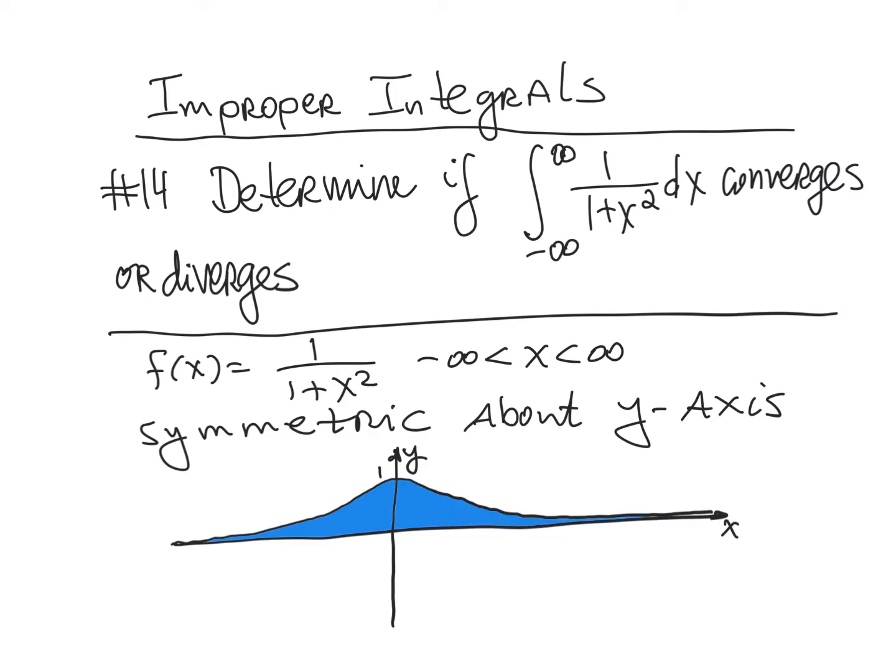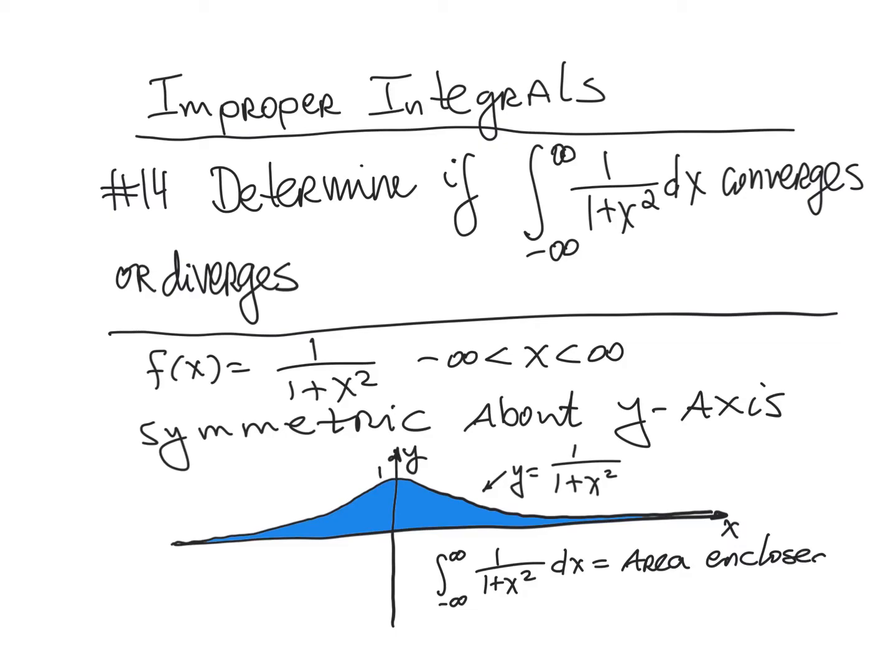And you can see that the area enclosed by the graph of this function and the x-axis is always above the x-axis. So what we can see is that the integral represents this area from minus infinity to infinity, and because the region is above the x-axis, we expect our answer to be one of two things.